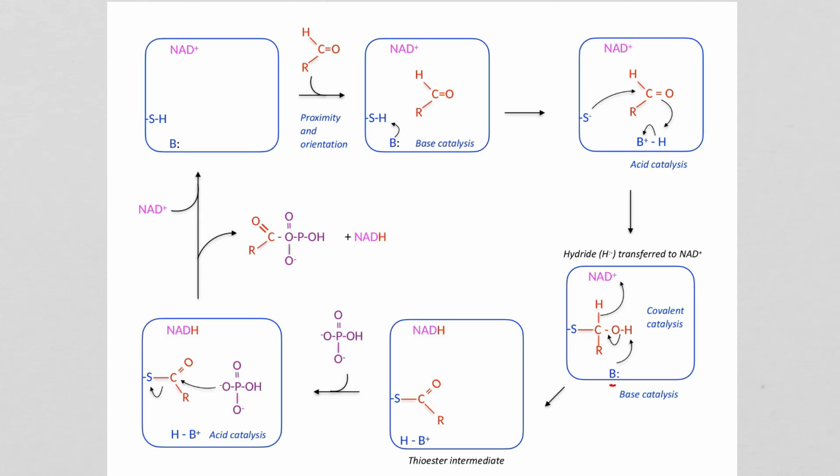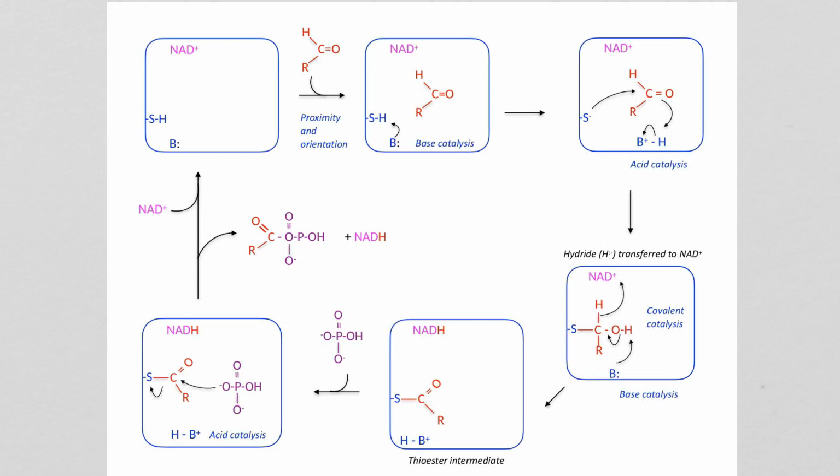The histidine now acts as a base, takes this hydrogen, while this hydrogen is taken up by NAD to form NADH and the thioester intermediate. You can see this functional group COS. This is your thioester.